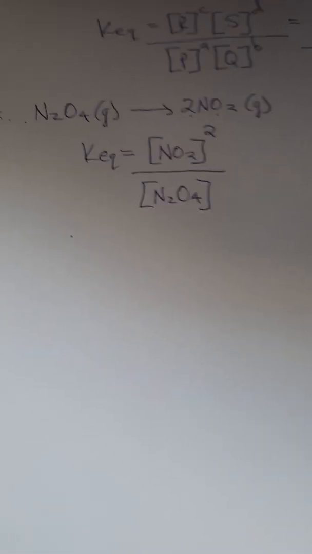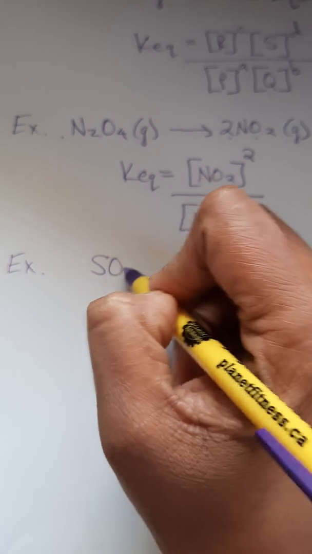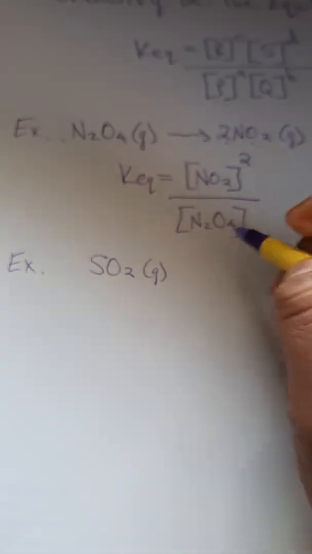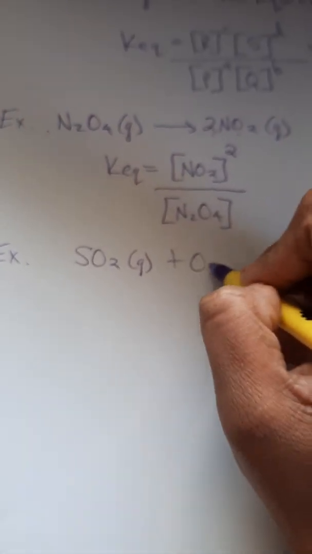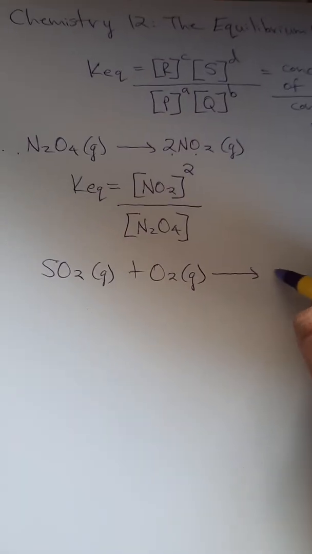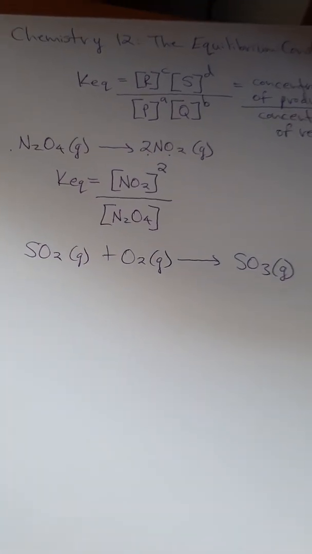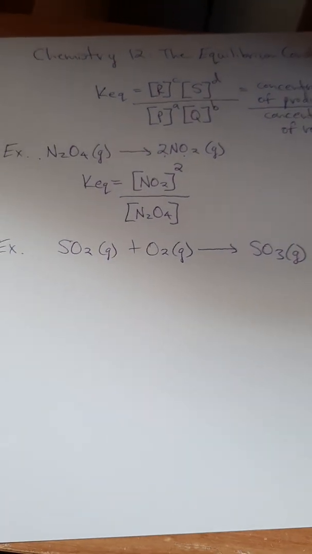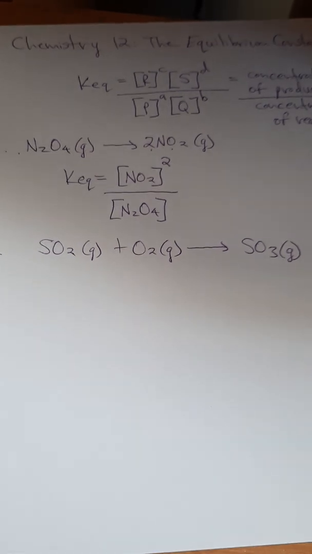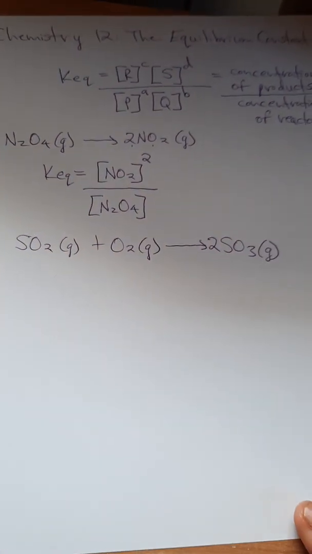With that, let's look at one more example. Let's try this one. I have SO2 gas plus oxygen gas, and what it's forming here is SO3 as a gas. First thing I want to do is make sure that my equation is balanced. I see the oxygen is imbalanced. I'm going to put 2 here.